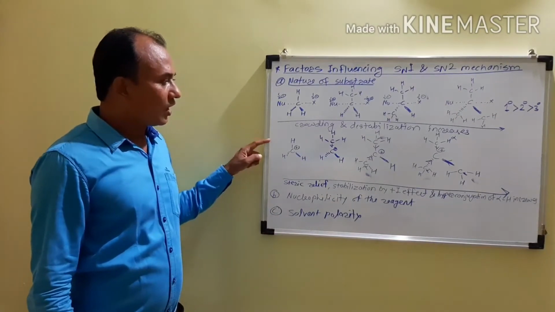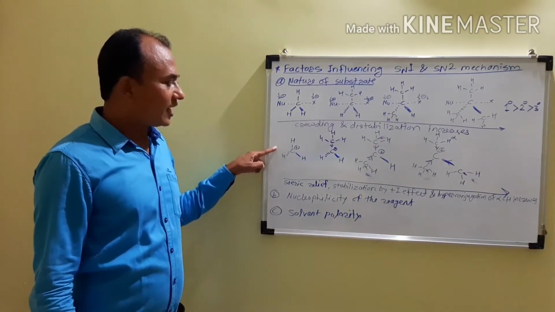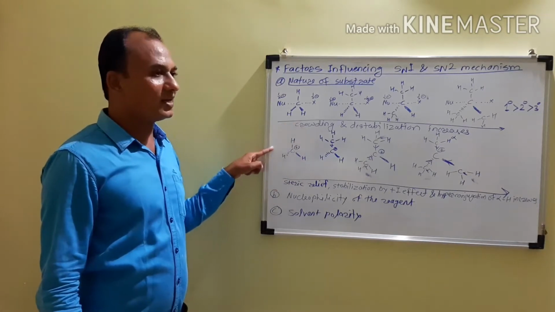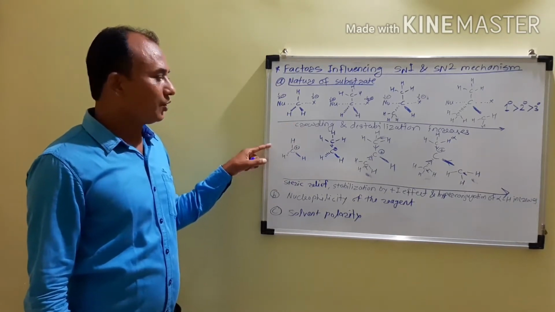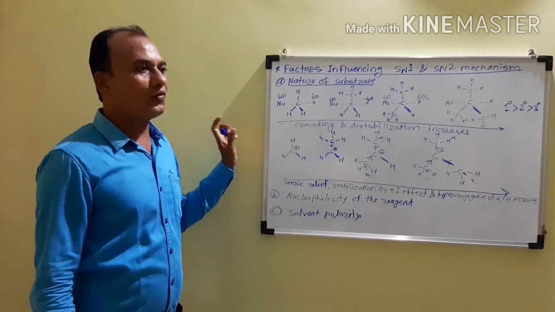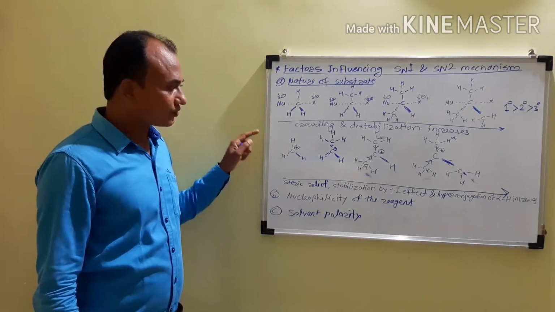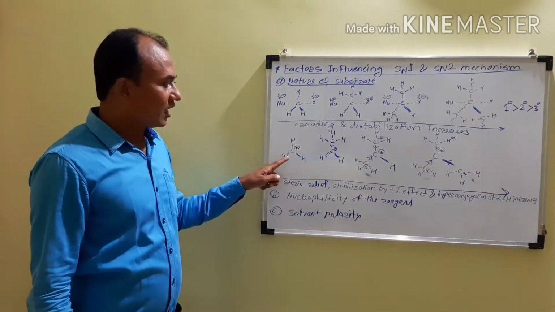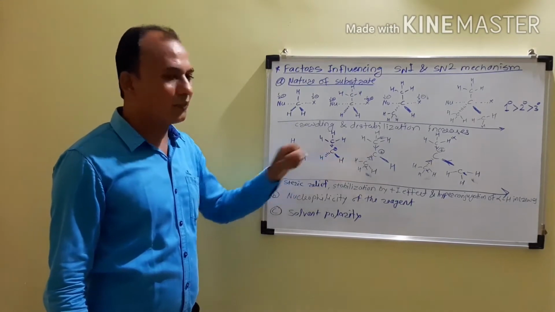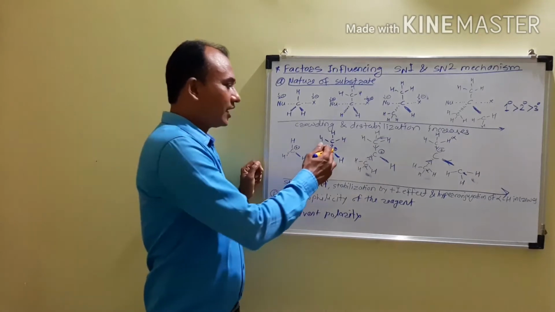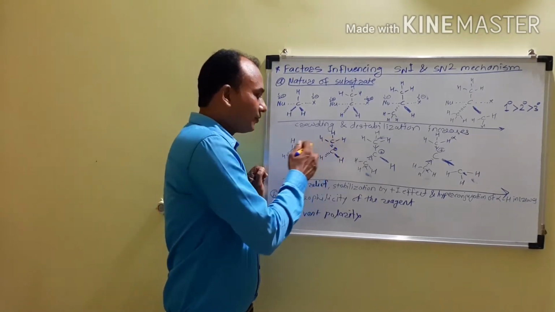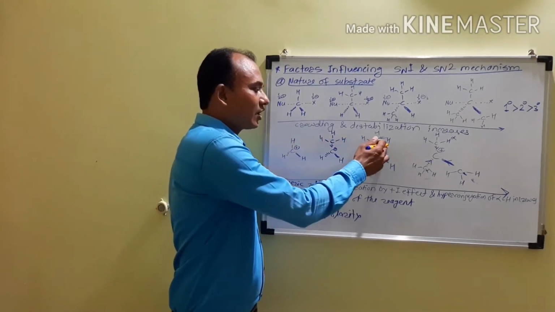This carbocation has a planar geometry, and due to that the nucleophile can attack from any side.